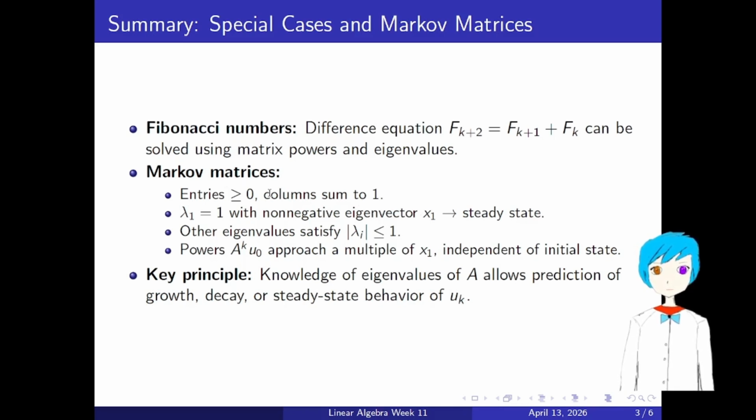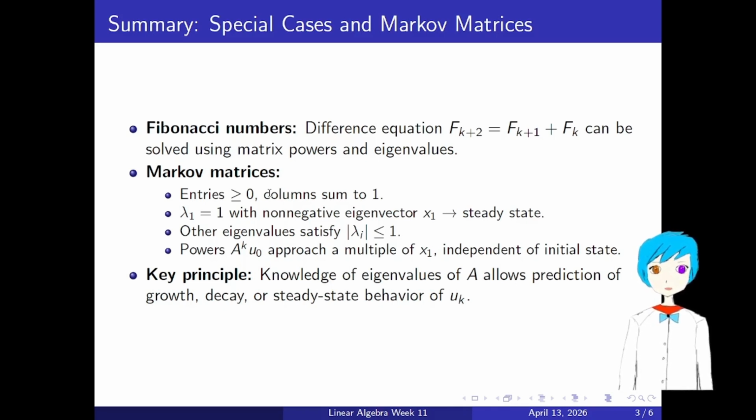Markov matrices basically describe the change of the probability of a Markov process. For Markov matrices, the entries are non-negative and columns sum to 1. We can prove that 1 is always the largest eigenvalue, and the corresponding eigenvector is the steady state.